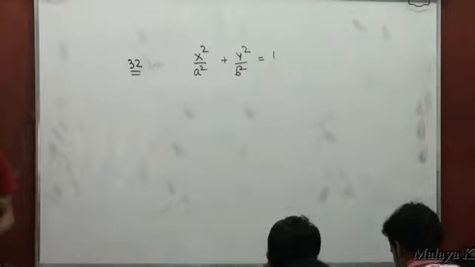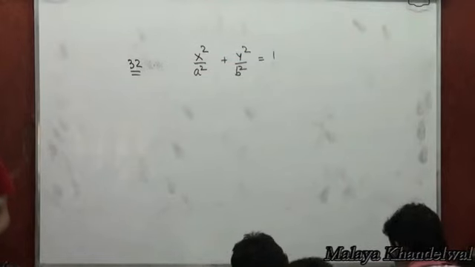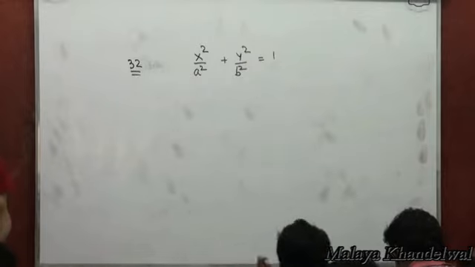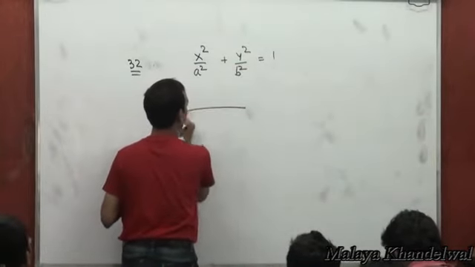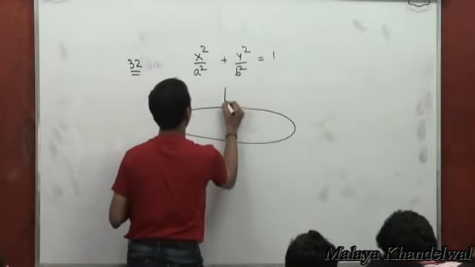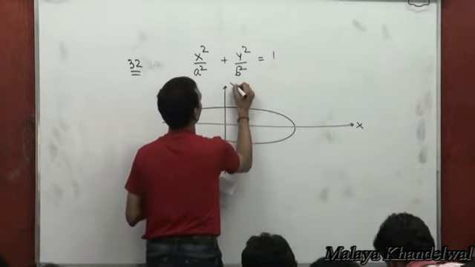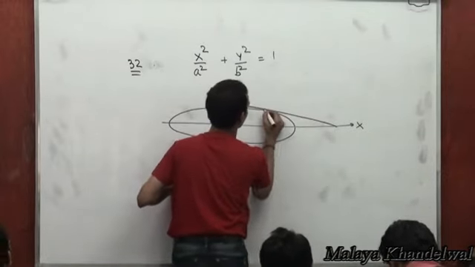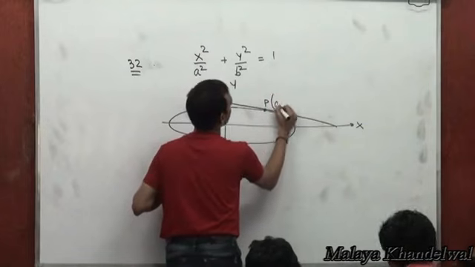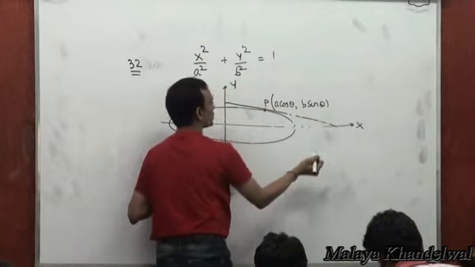Tangents are drawn to the ellipse x squared by a squared plus y squared by b squared equal to 1 at a point P. The minimum area of the triangle formed by the tangent to the ellipse and the coordinate axes. At a point P, which is (a cos theta, b sin theta), you draw a tangent.